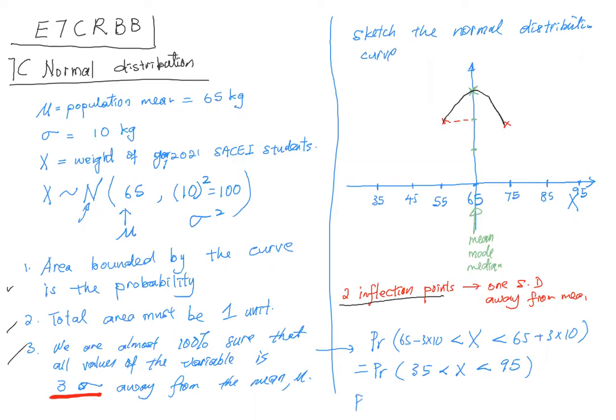The probability of x more than the mean plus 3 standard deviations is approximately 0. So over here, it is almost touching the x-axis, but it doesn't. And the probability of x less than 3 standard deviations away from the mean is also almost 0, so it fades away here.